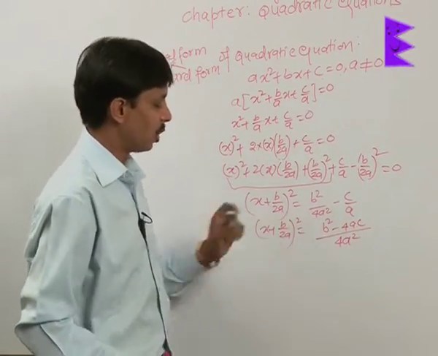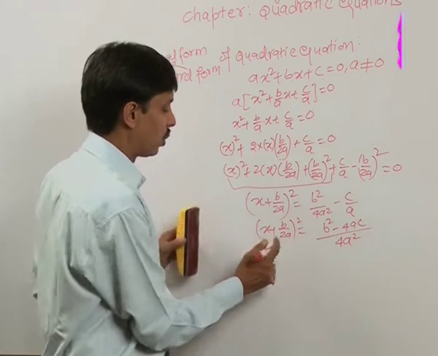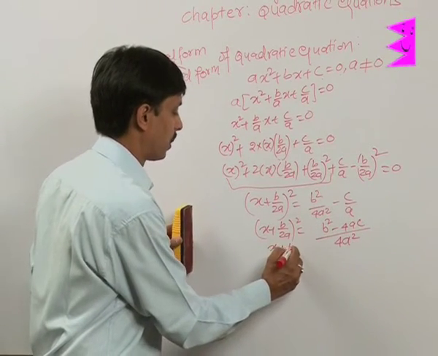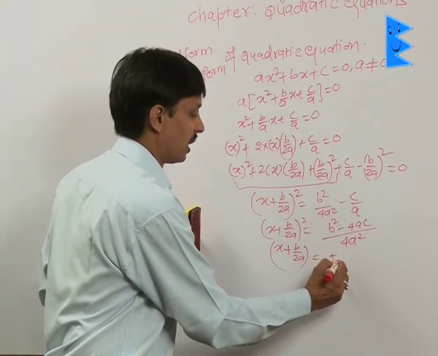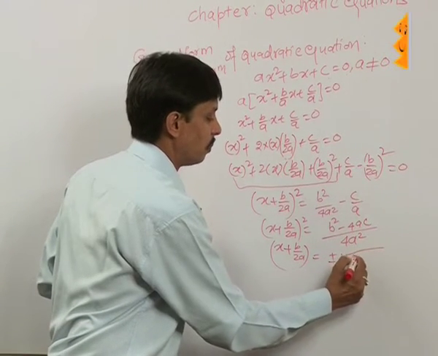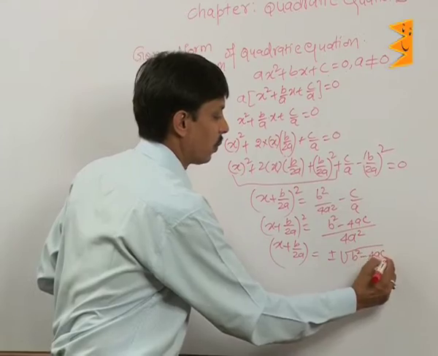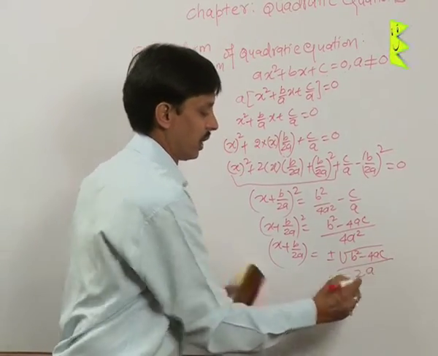If I remove this whole square, I get the value of x plus b upon 2a as plus minus root of b square minus 4ac upon 2a.